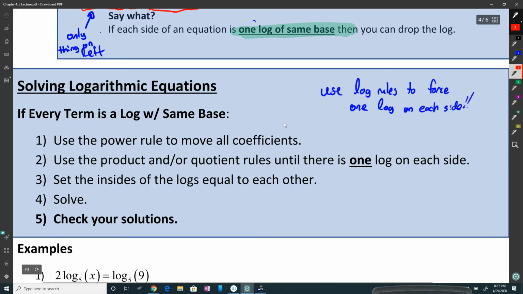So you're going to have to expand and condense. Well, in this case, not expand, but you're going to condense. Okay, and the goal is to get one log on each side.